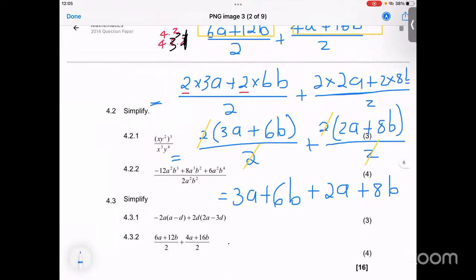Then that's when you ask yourself, okay, based on these things that are remaining, can I not somehow find the like terms that I can work with?